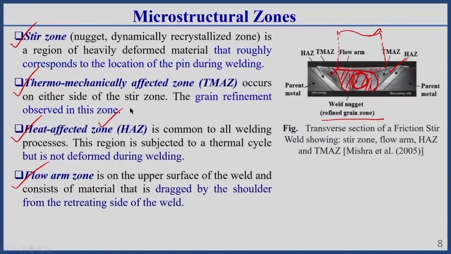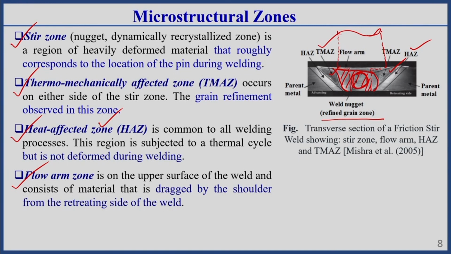Now, the third zone is called the heat affected zone. This is common to all welding processes. The heat affected zone is just attached to the thermomechanically affected zone, which I am showing here as HAZ. In this zone, the material is subjected only to heating, and by this the microstructural changes occur.